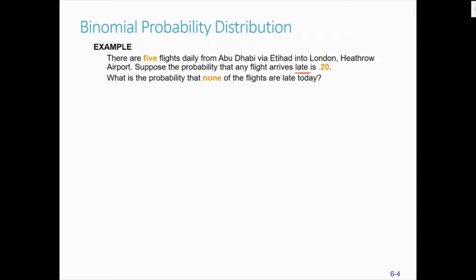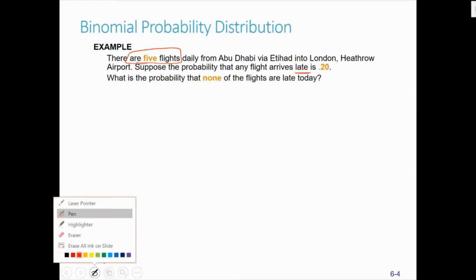And the fourth one is that the results are discrete, which means that you're counting the number of outcomes. And here we have up to 5 flights, so the result is a count. You can have none of them late, or one late, or 2, or 3, or 4, or 5. You're counting how many of these flights are late.